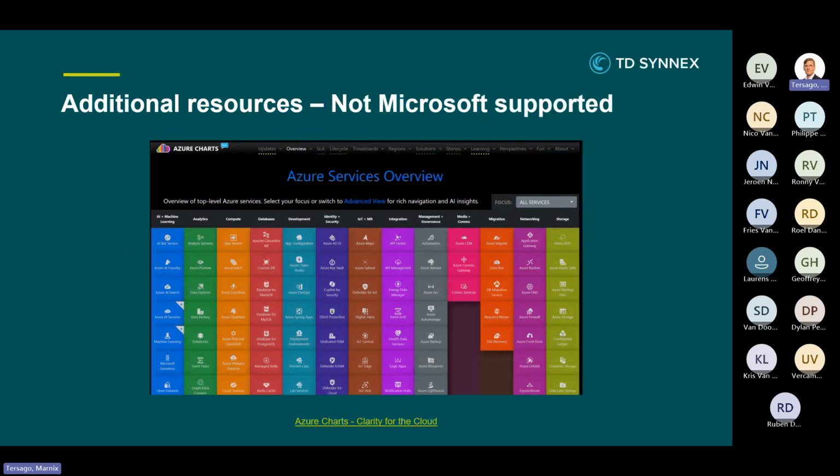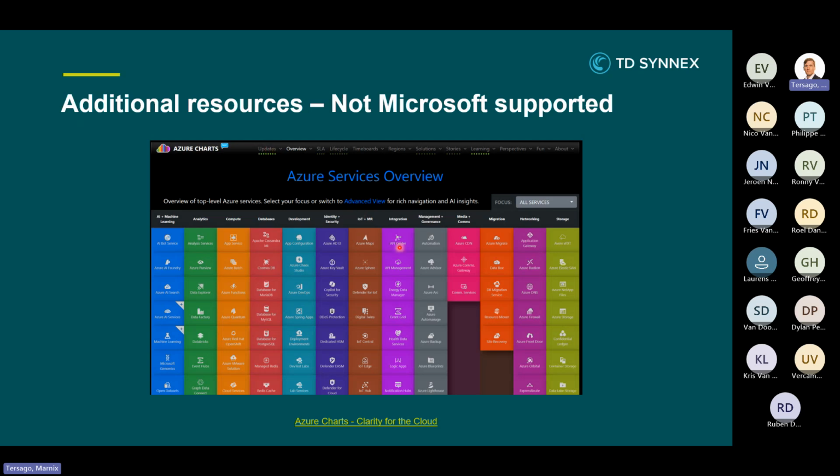A non-Microsoft supported tool: the services overview. This is very colorful, but it is very interesting also because it allows you, for instance, to check which Azure resources have had a technical update in the past 3 months, 6 months, 12 months.